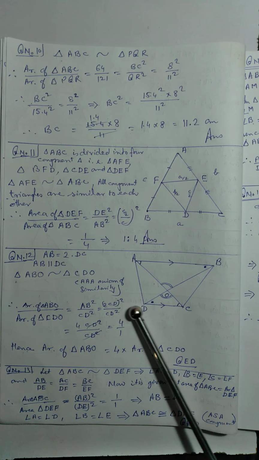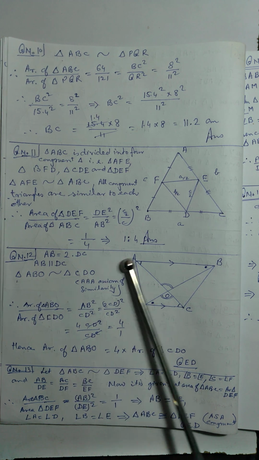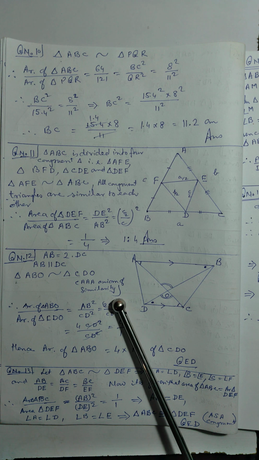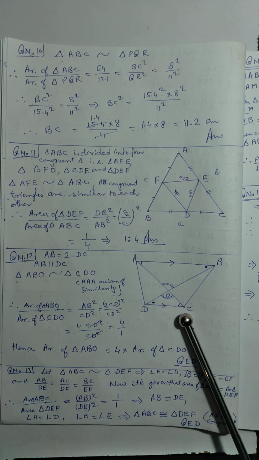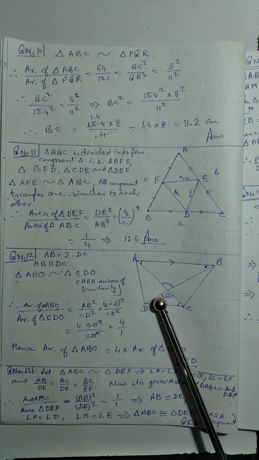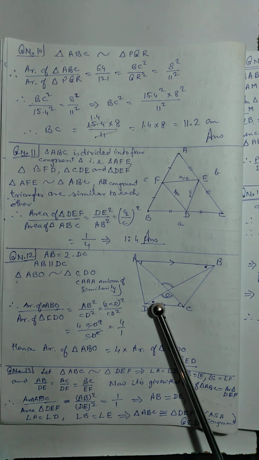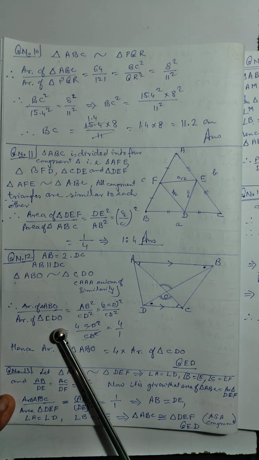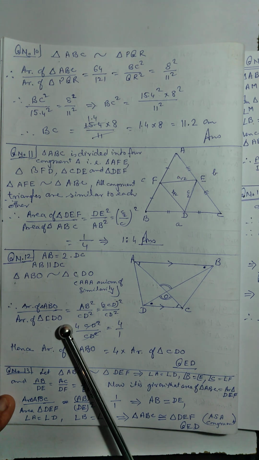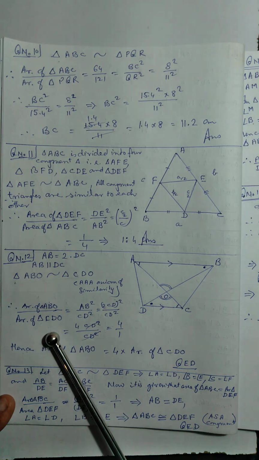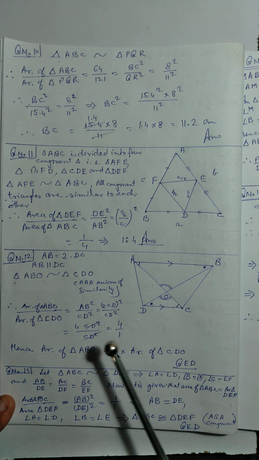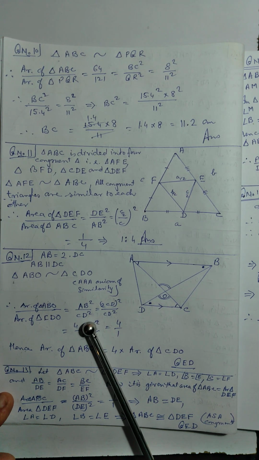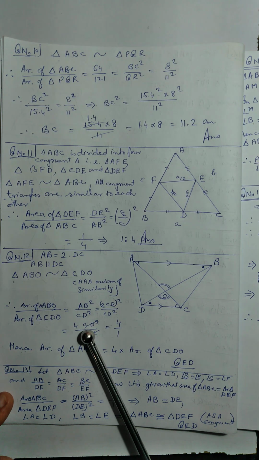these are similar. Here I have written the triangle ABO will be similar to triangle CDO by angle axiom of similarity. So area of similar triangles, that is ABO upon CDO, is AB square upon CD square.